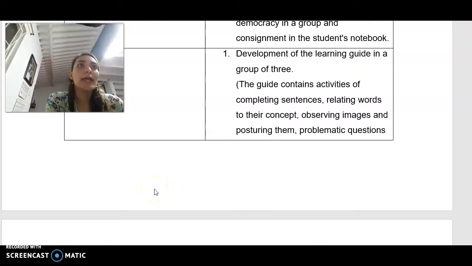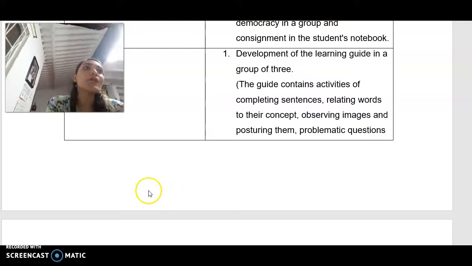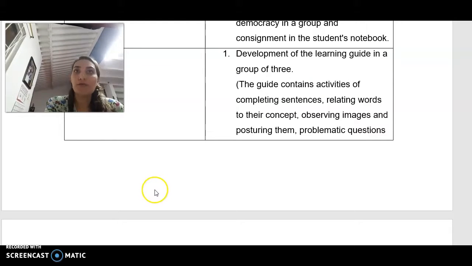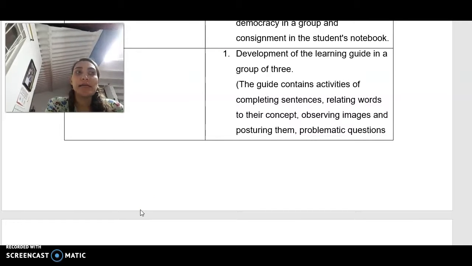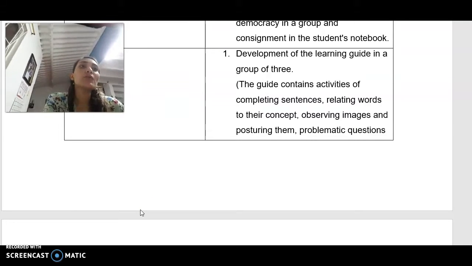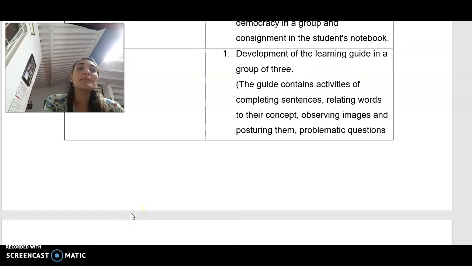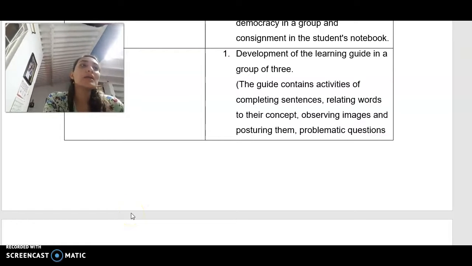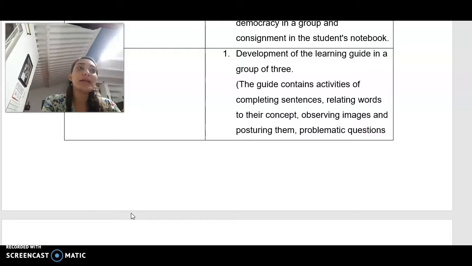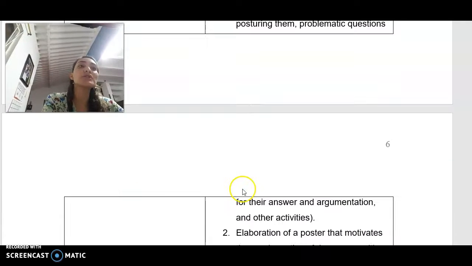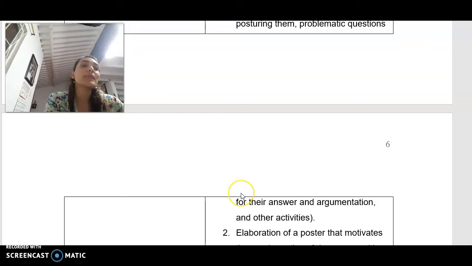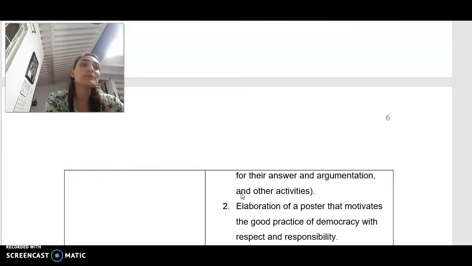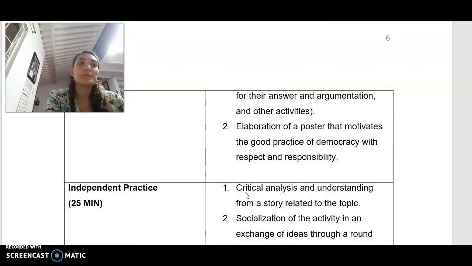Practice. First, development of the learning games in groups of 3 students. The games contain activities on completing a sentence, relating a word to the concept, observing, imagining, and posing problematic questions for their answer and argumentation, and other activities.